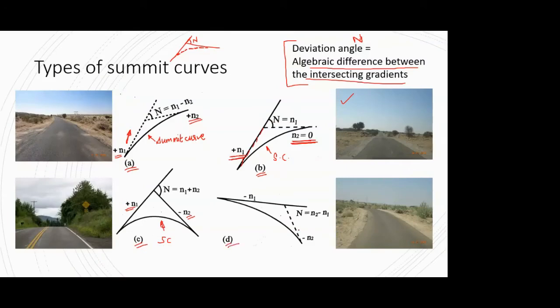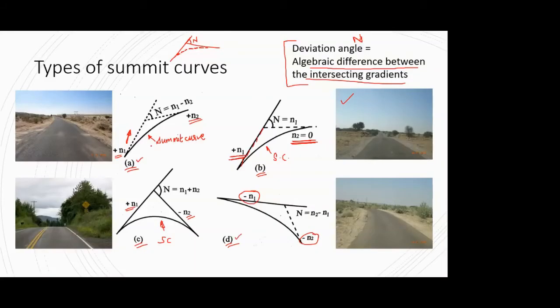The D type is a very rare type in which you have a value of minus n1, considering down we have a notation as minus, and it is followed by another down gradient. Case A and type D are opposite to each other.